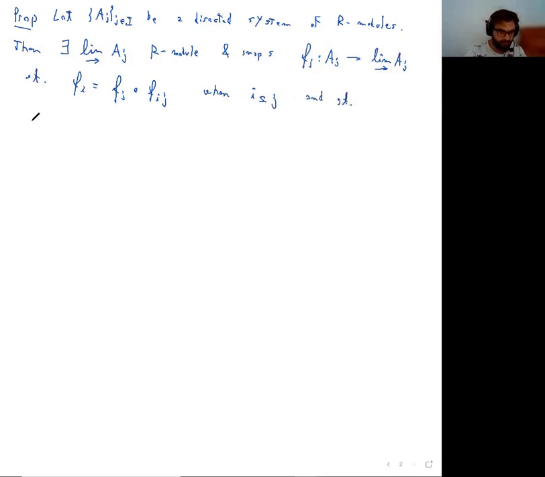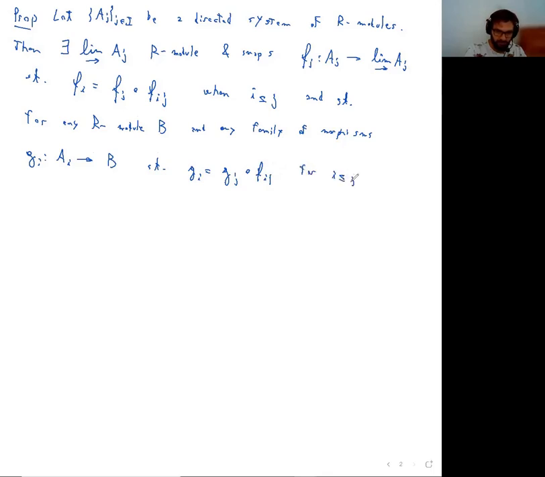And such that we have some universal property: for any R module B and any family of morphisms g_i from A_i into B, which also satisfy this property, so g_i is g_j composed with f_ij for i less or equal than j, then there exists a g which factors this map.